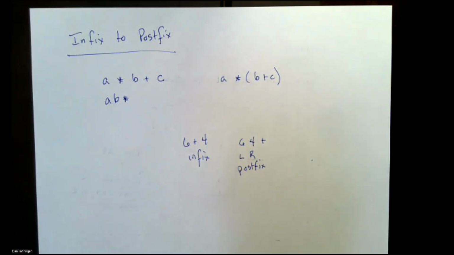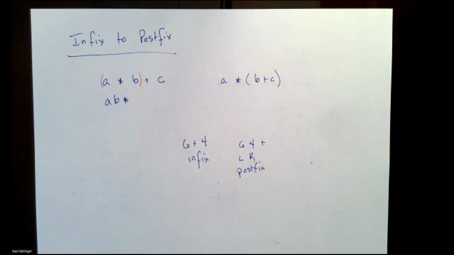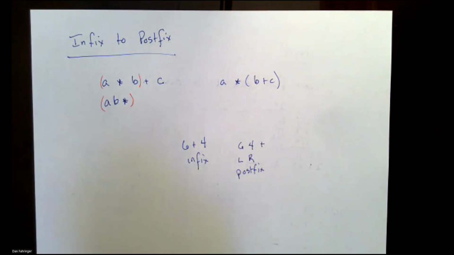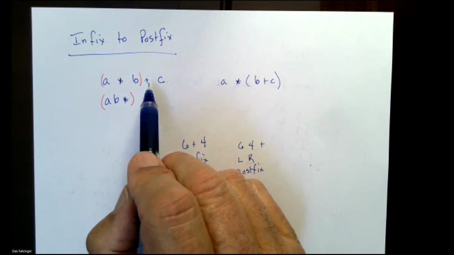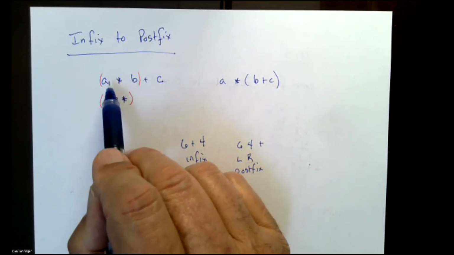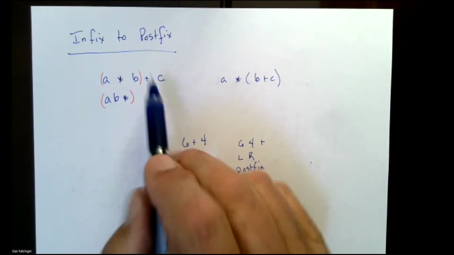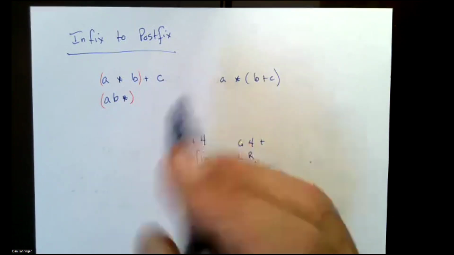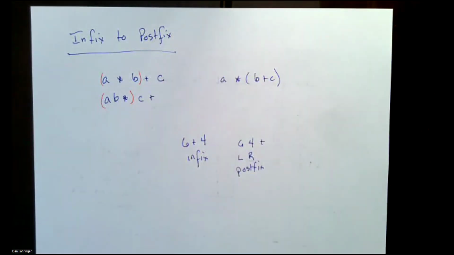That becomes its own unique thing, and now it is the left of the plus. I took care of the times: left, right, and then the operator. Now when I come to the plus, I say the left, which is that whole thing, the right, which is C, followed by the operator, plus.